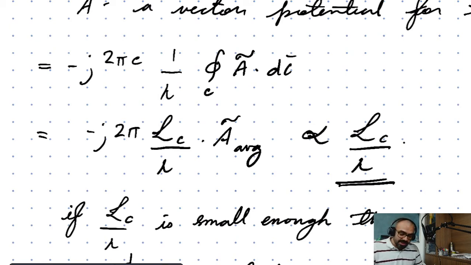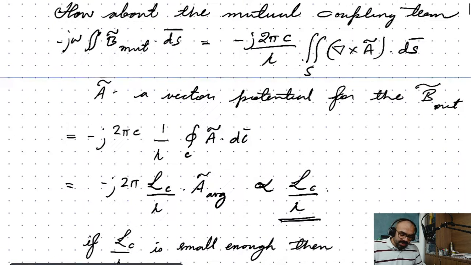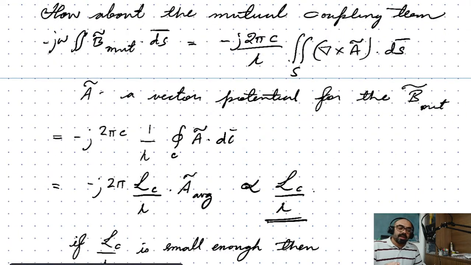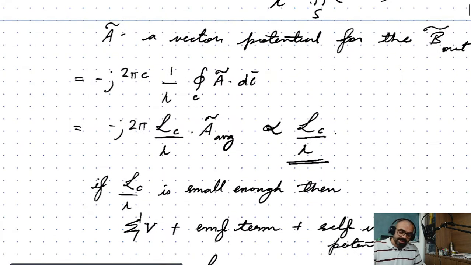So this derivation is of course conducted in a time harmonic approximation, and lambda is the wavelength of the excitation source.